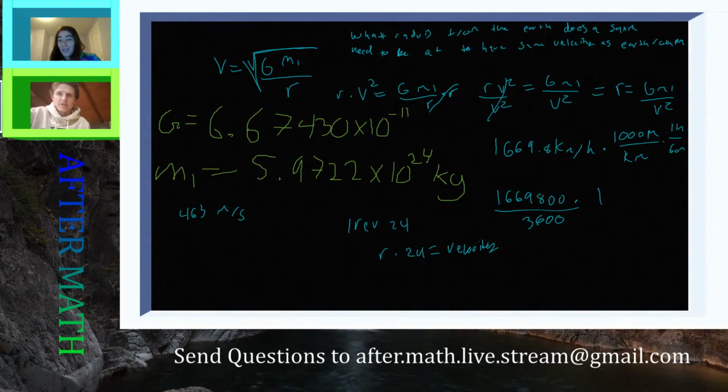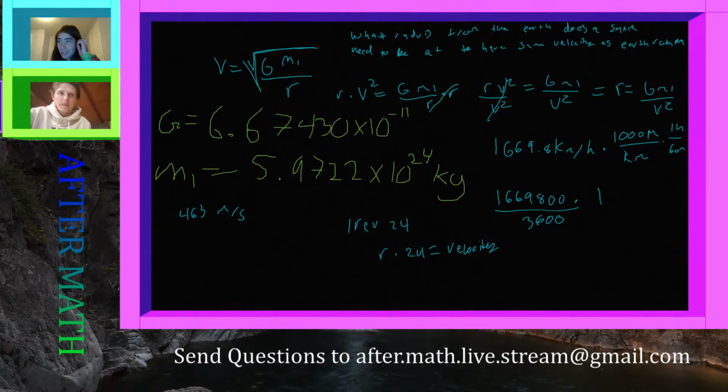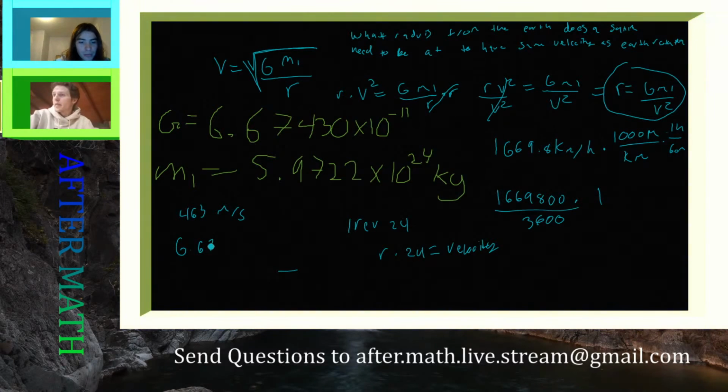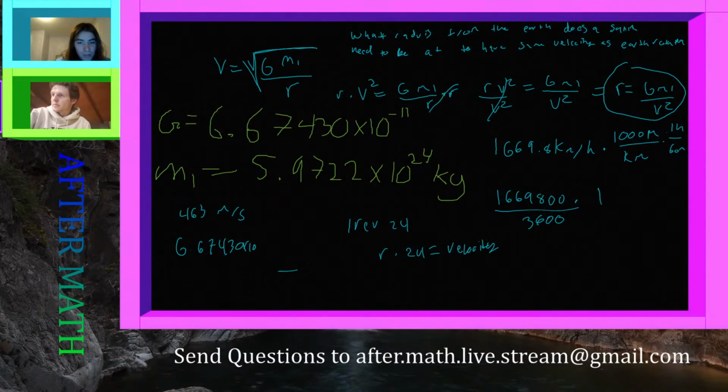So let's keep moving on here. We've got 463 meters per second, and we've got this equation up here. So we just plug it in and we get 6.67 times 10 to the negative 11.